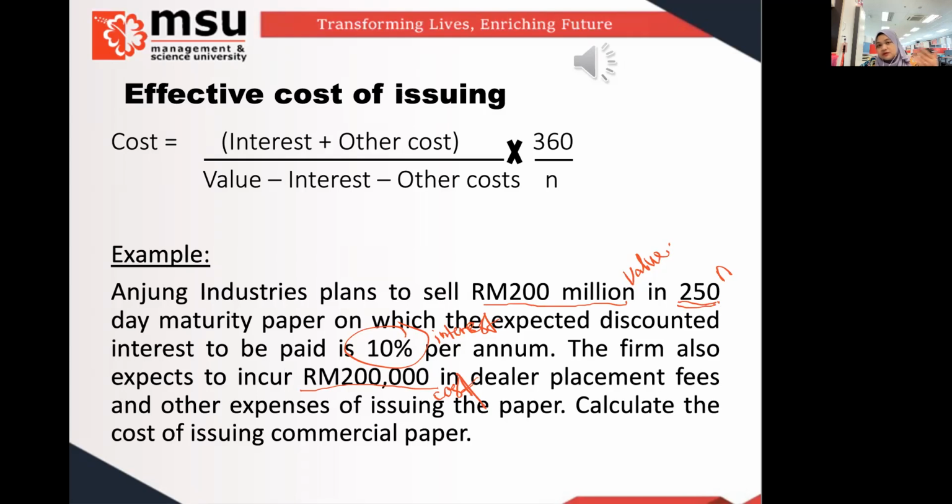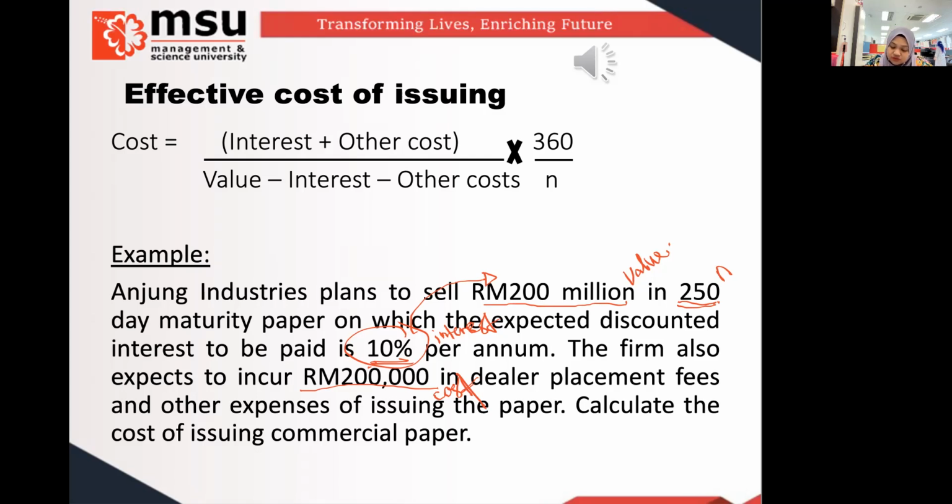So we put all the information given into the formula. Interest, where do we get the interest? It is 10%. So 10% multiplied with the value, 10% multiplied with 200 million, is equal to 20 million.